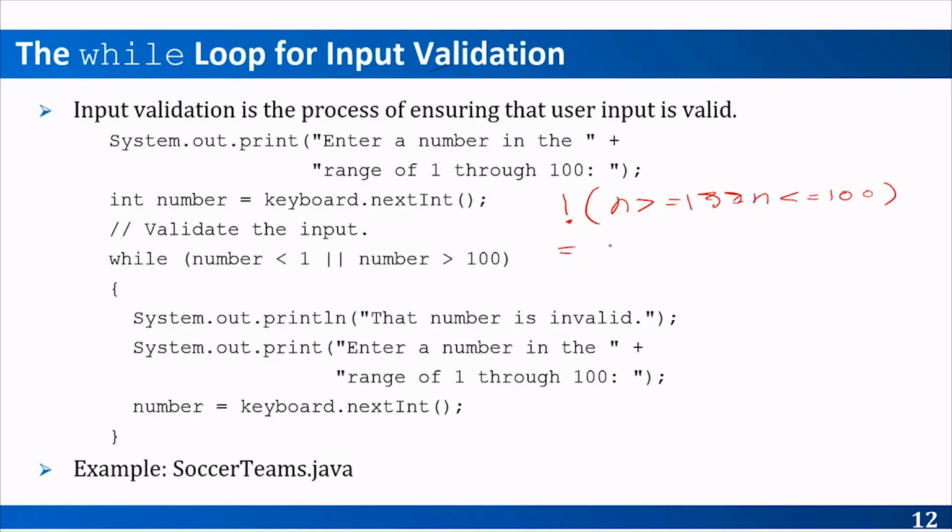If you expand this one, it's not n greater than or equal to 1, or not n less than or equal to 100. Not greater than or equal means it's less than, and not less than or equal means it's greater than. And this is basically what we just had here. So that's how you move from one condition to the other. Either way, you'll get the same result.